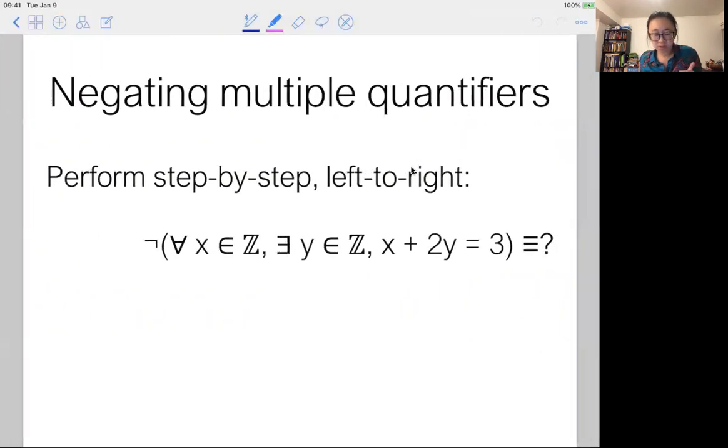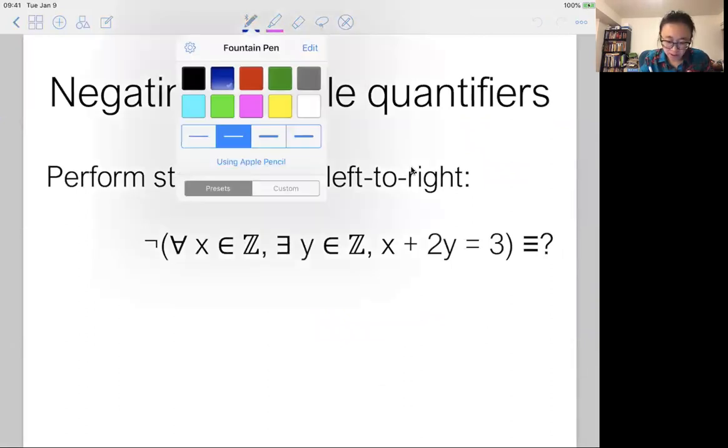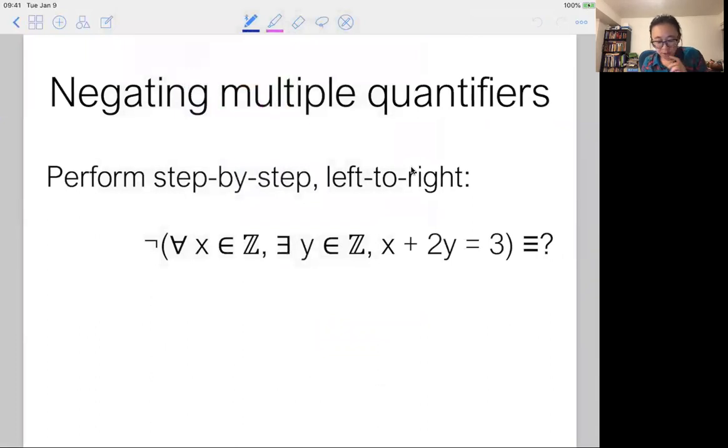Okay, so let's do this. Of course, there's a step-by-step way of doing this, so let's do this example slowly. Remember the rule: I'm going to process from left to right, one term at a time. When I see existence, I translate to for all. When I see for all, I translate to existence.